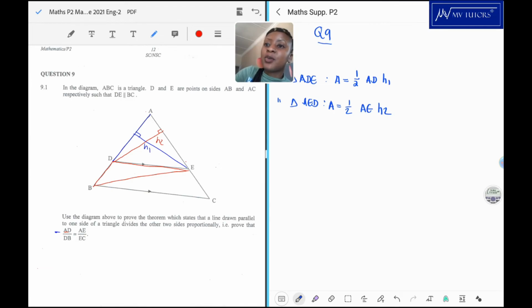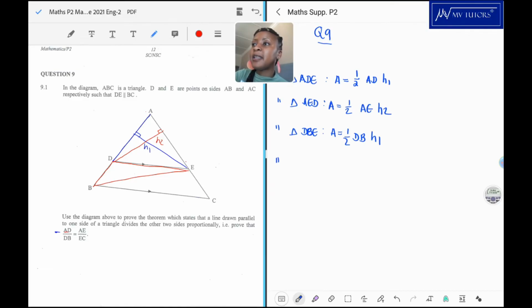So in triangle DBE, the area is half the base DB, and the height there is going to be H1.